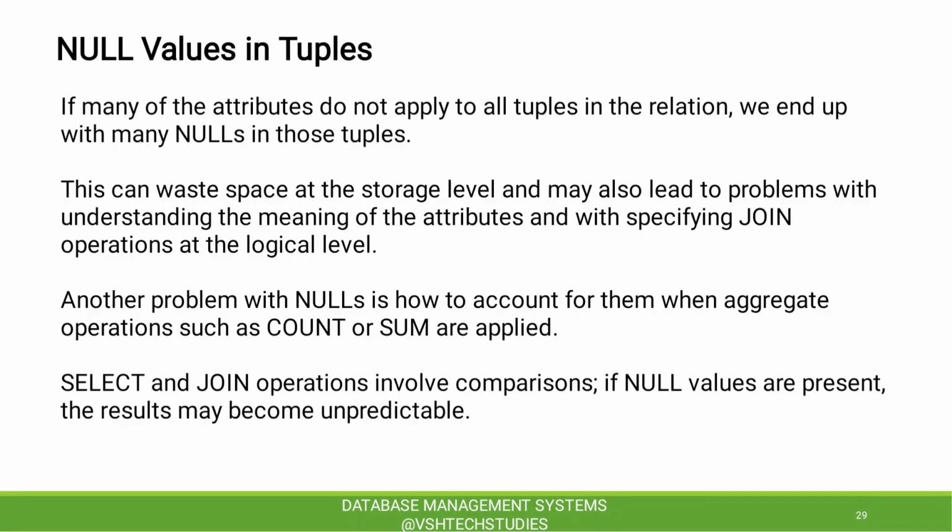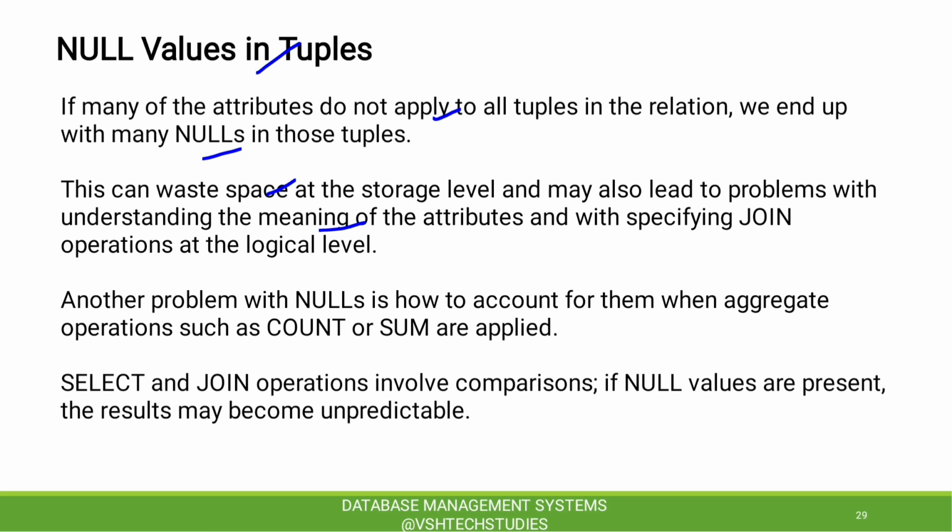Okay. So next we shall consider the observation on null values in tuples. If many attributes do not apply to all the tuples in the relation, we'll have a larger number of null values in those rows of data in a relation. These null values waste space at the storage level and may lead to problems with understanding the meaning of particular attributes.